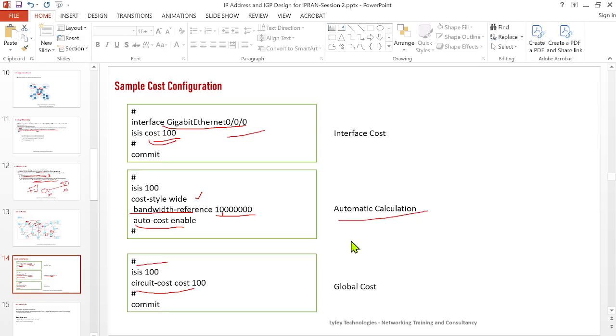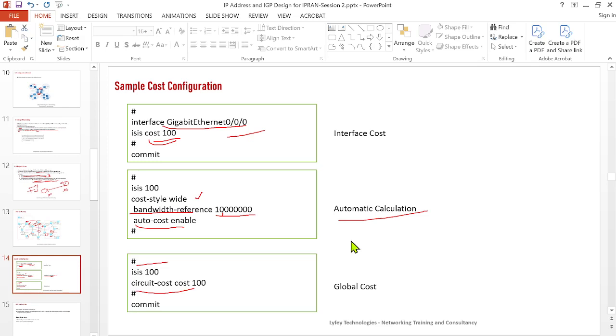Just an addition. We have the cost style being wide and being narrow. If you use narrow, you can only play with cost between 0 to 63. But if you use wide, you can play from, I think, 1 to 16 million and something.